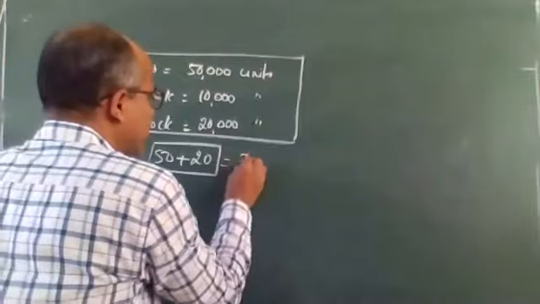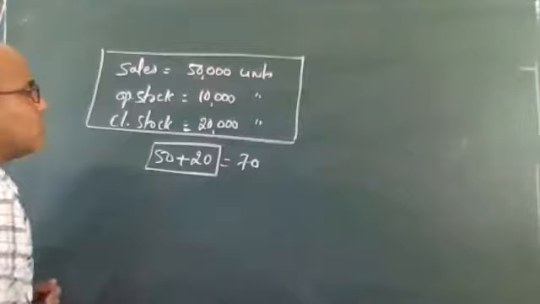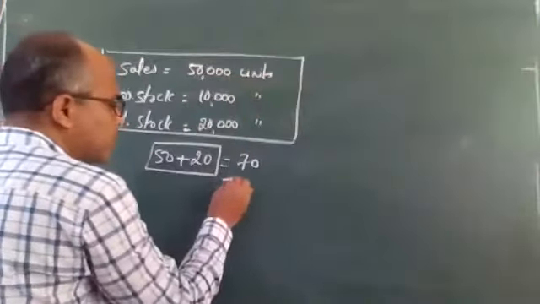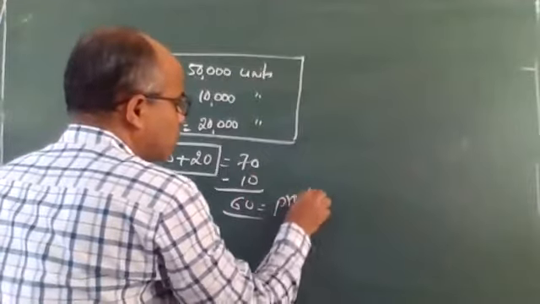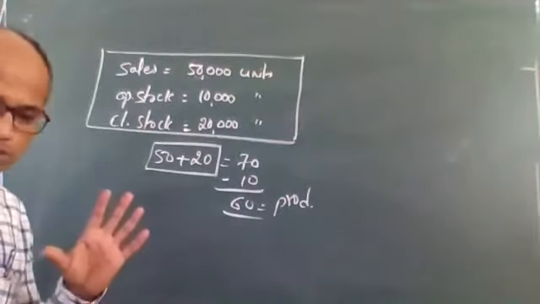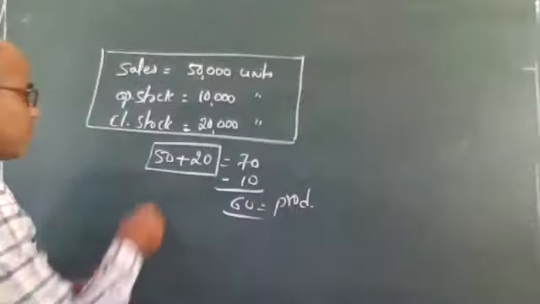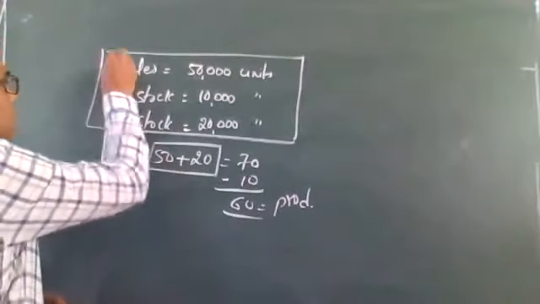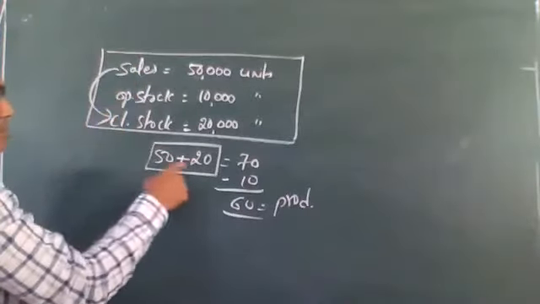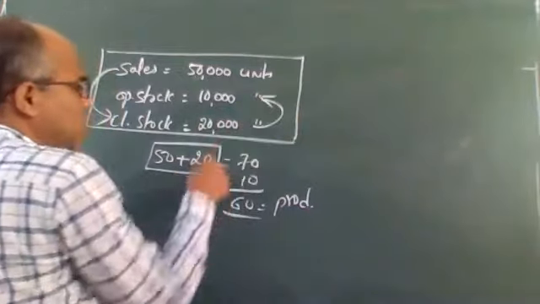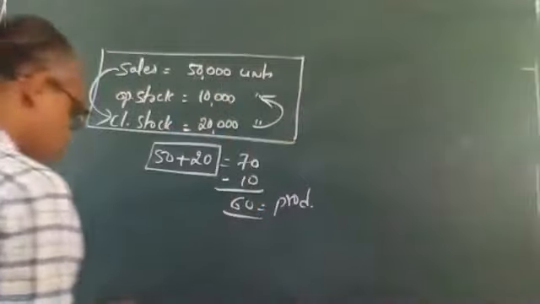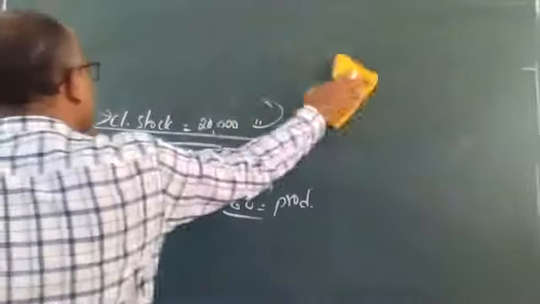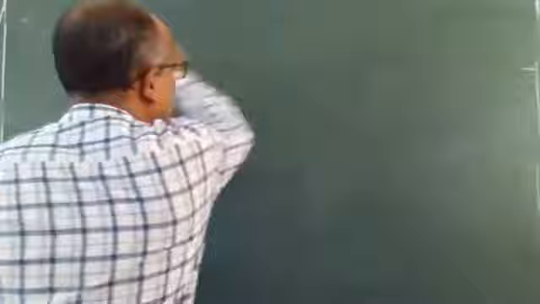But of this 70,000, I already have 10,000 units with me. So I have to produce only 60,000. So from this, what do you understand? Your sales plus closing stock minus opening stock gives you the production. So for a production budget, we need to apply a formula, and the formula goes like this.